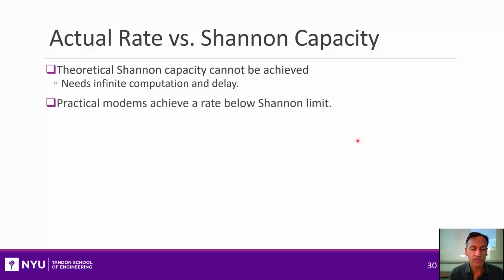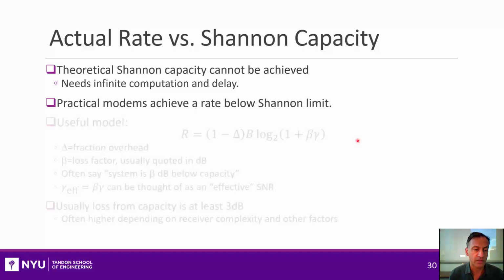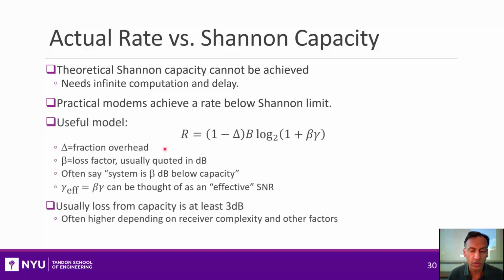So most systems, of course, get some number below the Shannon limit, and one way to describe a practical system is with a formula like this here. In this case, we say that the rate is very similar to the Shannon capacity, excepting there are two kinds of correction factors. There's a pre-log term here, which is related to basically a decrease in the bandwidth.